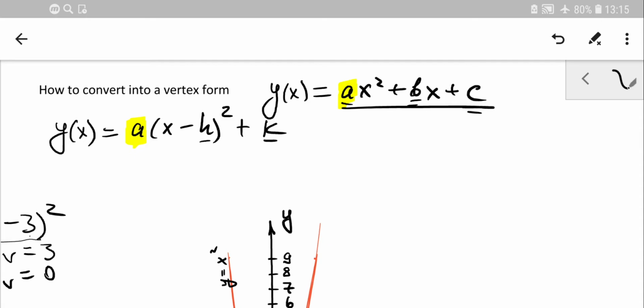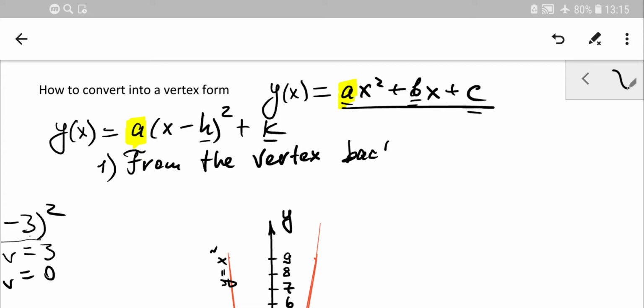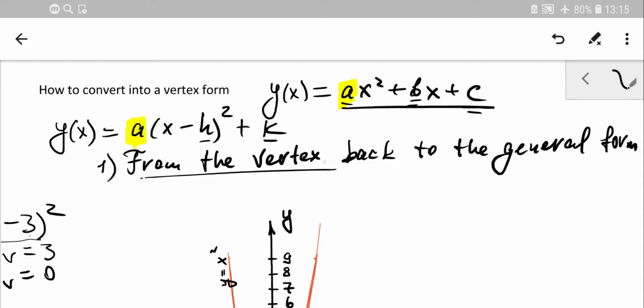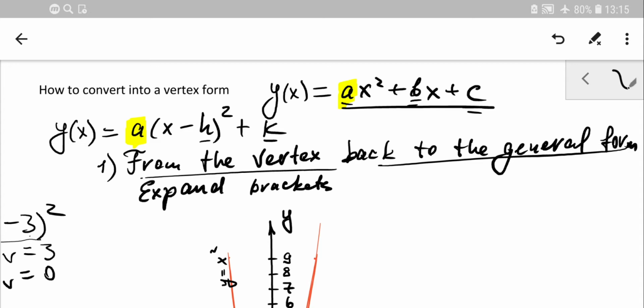So first of all, from the vertex form back to the general form, what we simply need to do is expand the brackets.